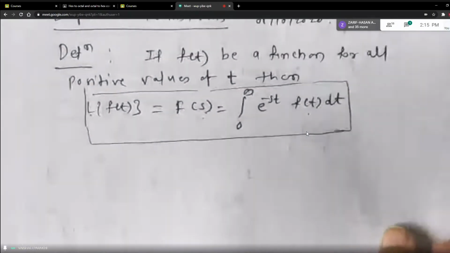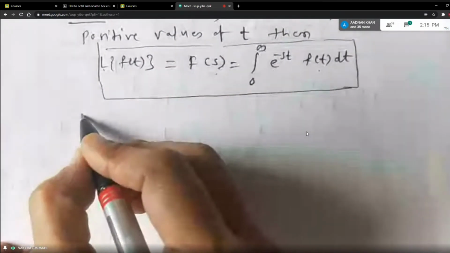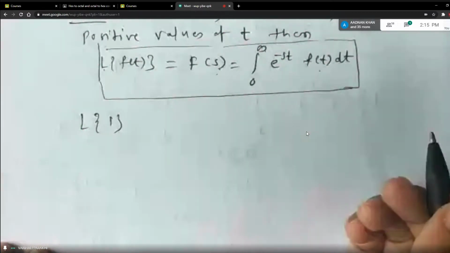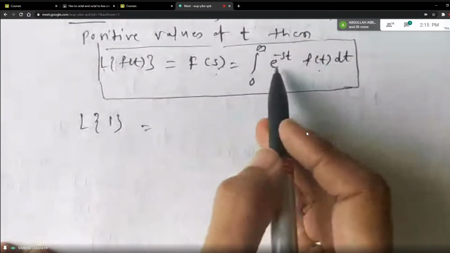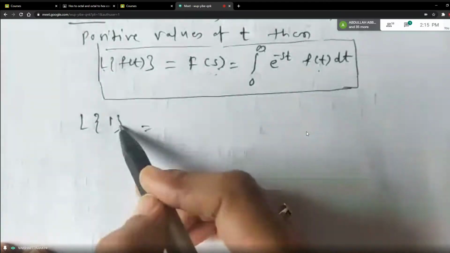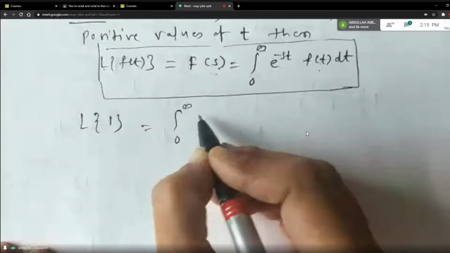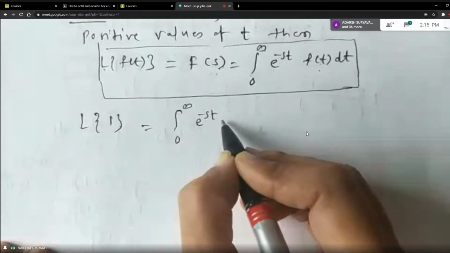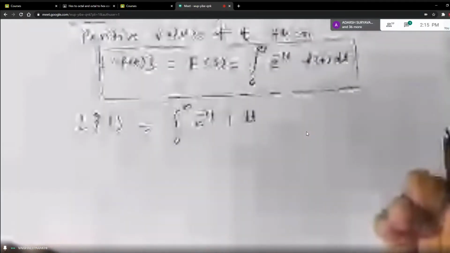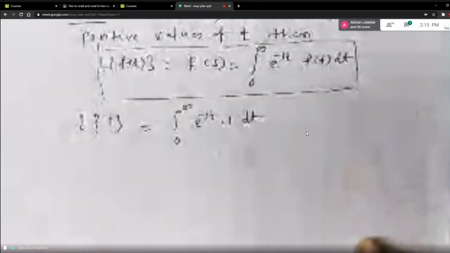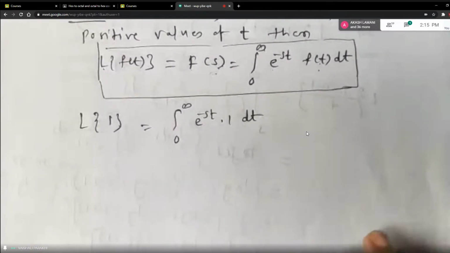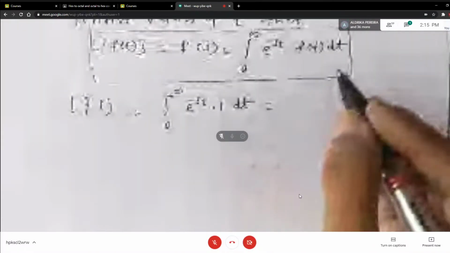Now, suppose I want to find the Laplace transform of 1. What I'll do? In this formula itself, I'll replace f of t by 1. So how will it look? Integral from 0 to infinity of e raised to minus st times 1 dt. Now this is your normal integration.